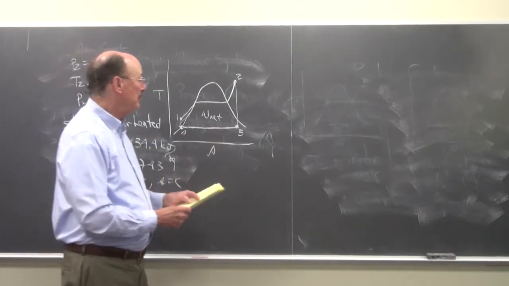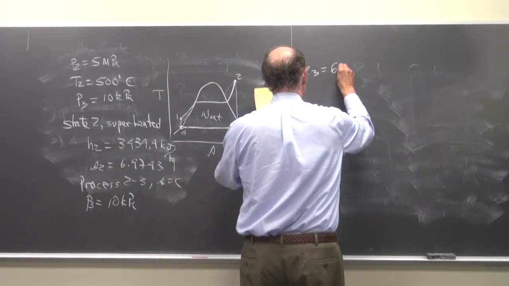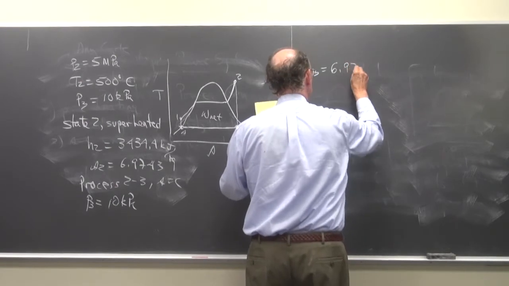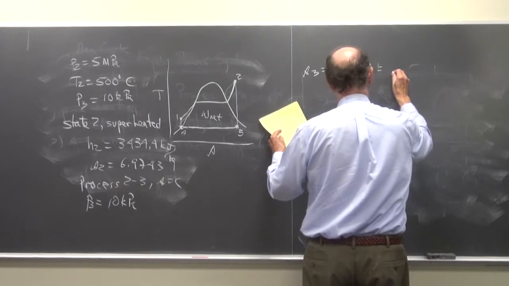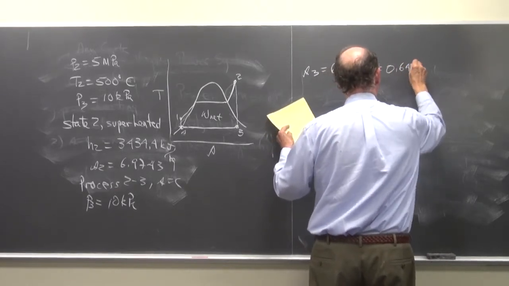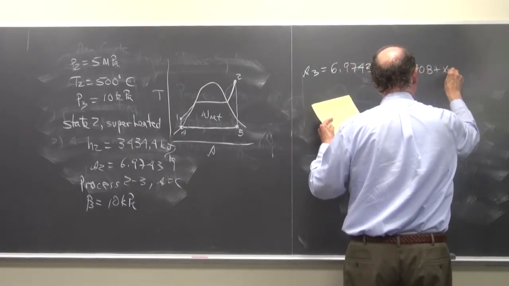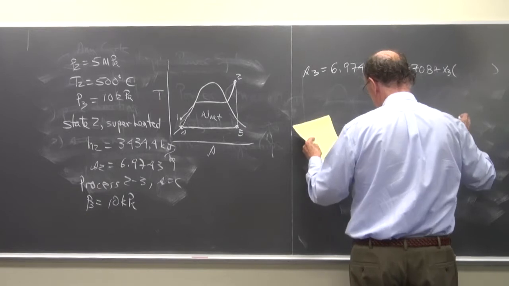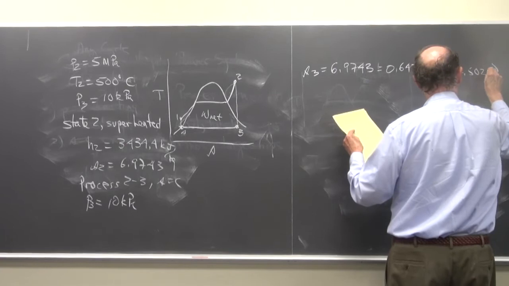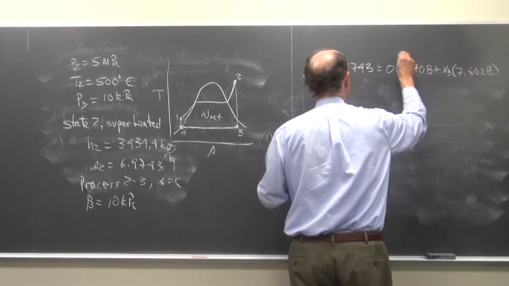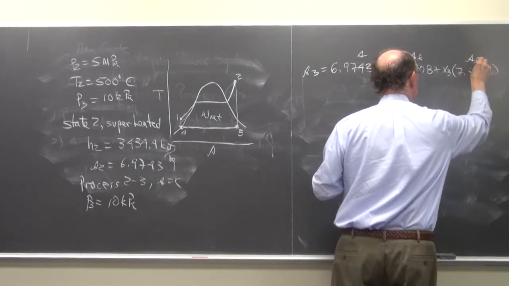So because of the entropy, S3 is equal to 6.9743, which is equal to S sub F, 0.64708, plus X3 times S sub FG, 7.5028.